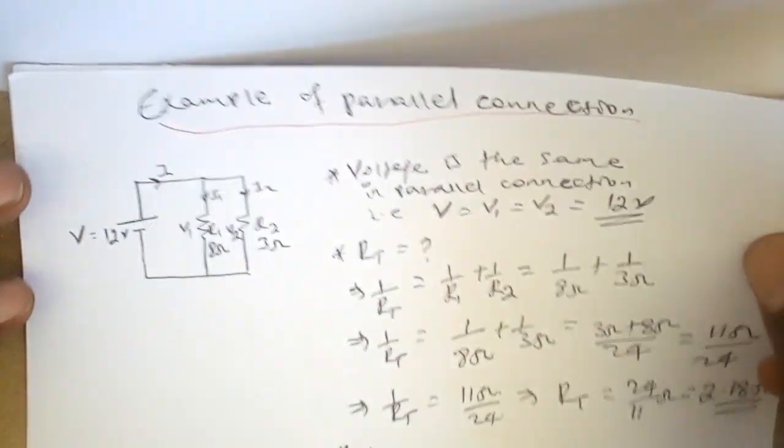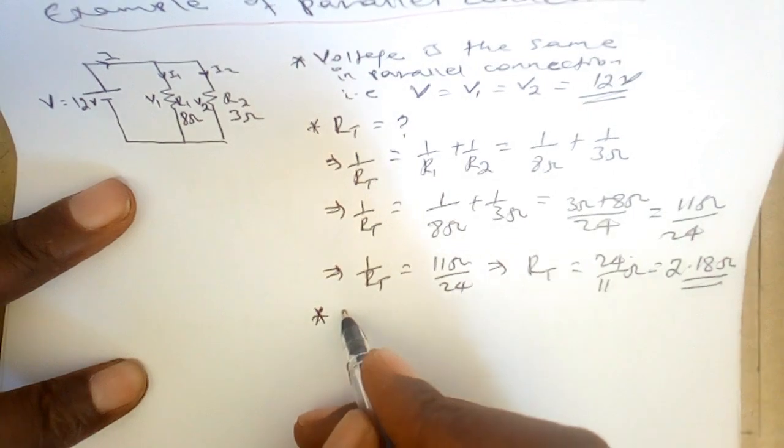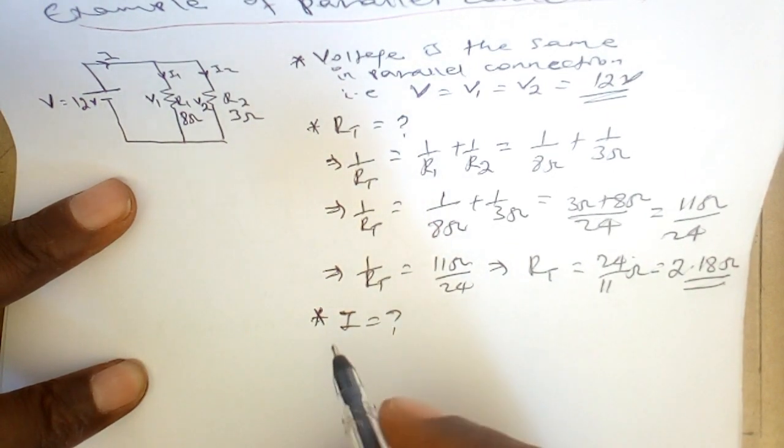This is the total resistance when connected in parallel.